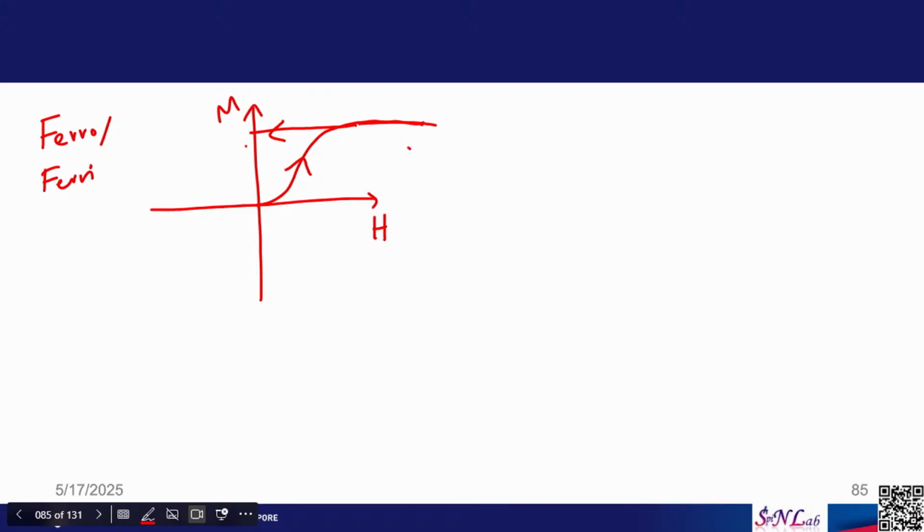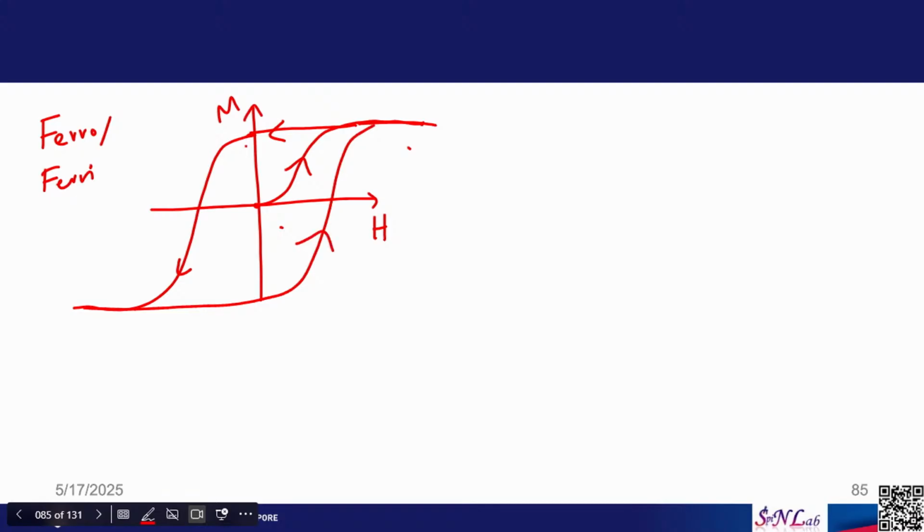So, in all the other cases before, whether it is diamagnetic, paramagnetic or antiferromagnetic materials, all those materials will have almost 0 magnetic moment at 0 field. Only ferromagnetic materials can retain magnetization at 0 magnetic field. Then if you reduce the magnetic field, change the direction, increase the magnitude, it follows a different path. If you do this again, it follows another path.